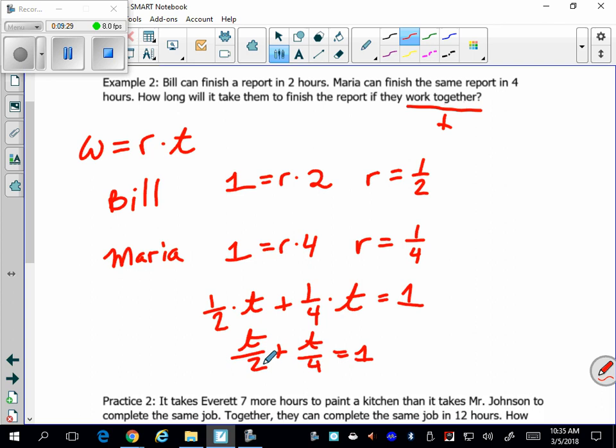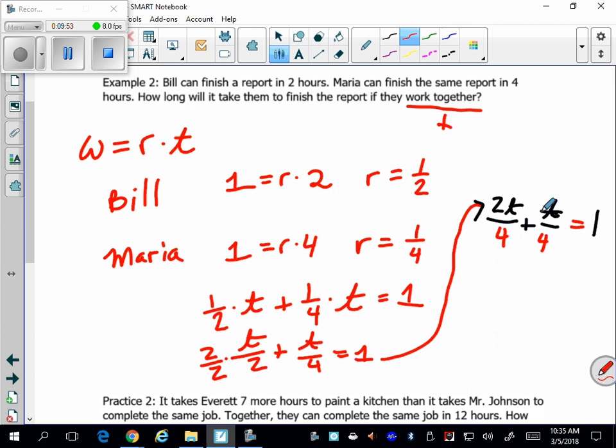So we have rationals here, we have like denominators. What do you do with like denominators? Or if you have denominators that are not alike, get them alike. So move it over here, we get 2t over 4 plus t over 4 equals 1. So we keep like denominators, we got to divide.